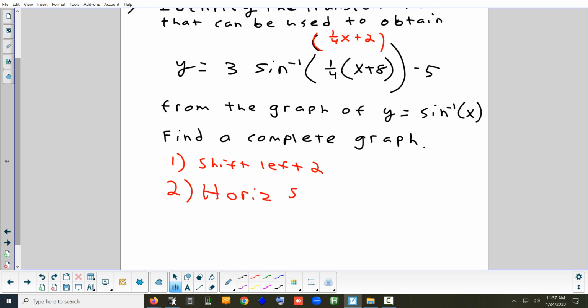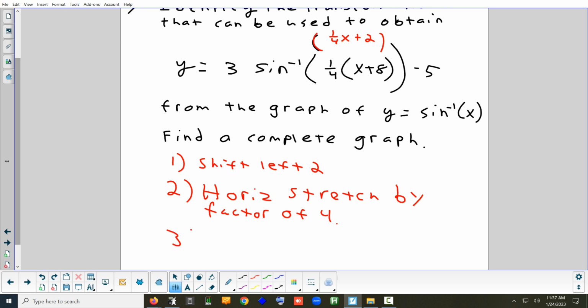So horizontal, it's backwards, just like the +2 brings it left instead of right. It's horizontal stretch by a factor of 4. The other way you could say that is compress by 1/4. Now that's like saying move down -2, so now you're using a double negative, it just gets confusing. So instead of saying compress by a fraction, just say stretch by an integer.